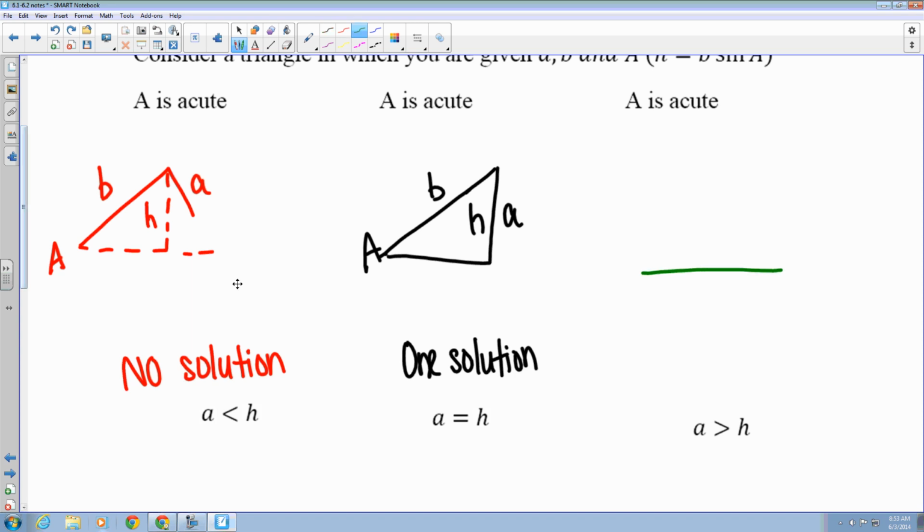Another acute angle here. If a is greater than h, then we have one solution.